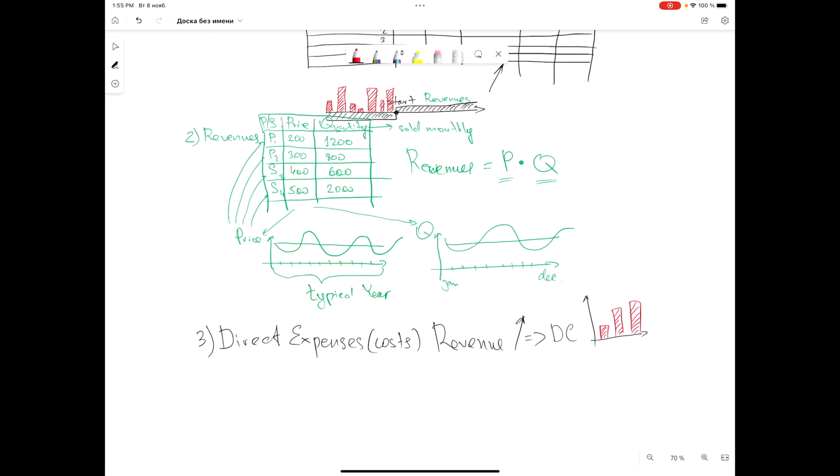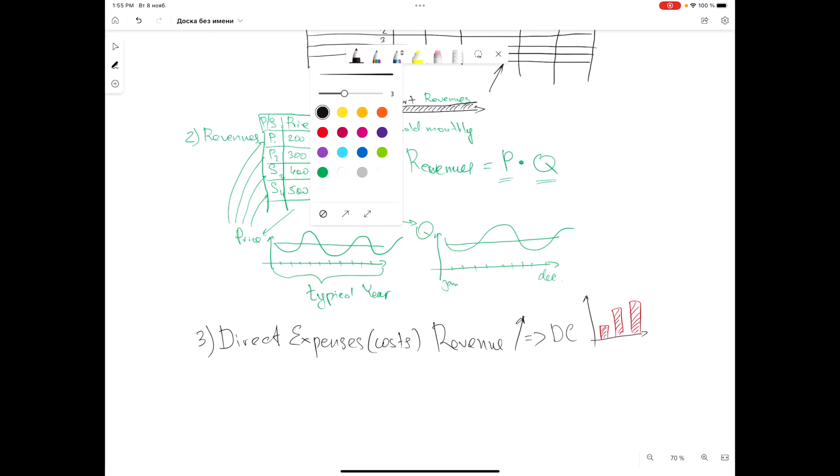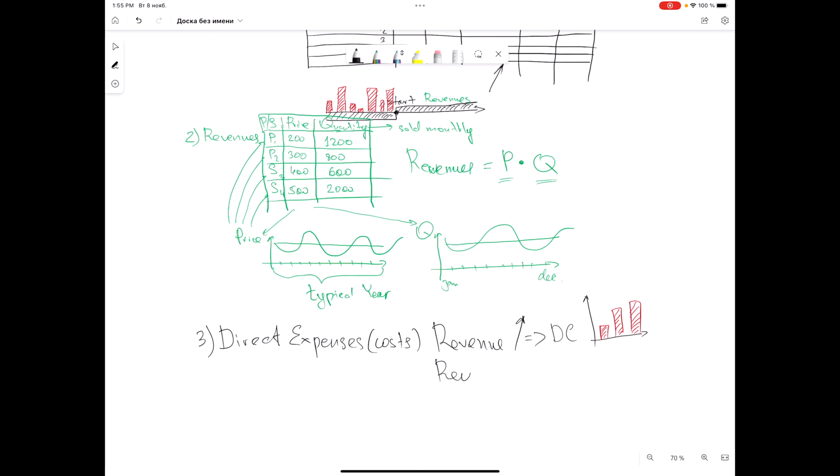On the contrary, if revenue decreases, then direct costs will decrease.